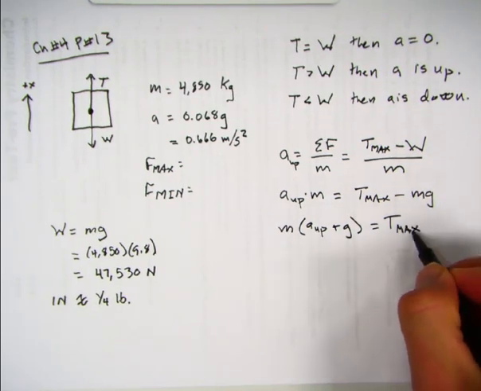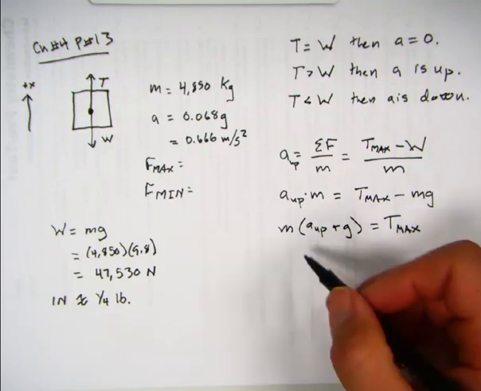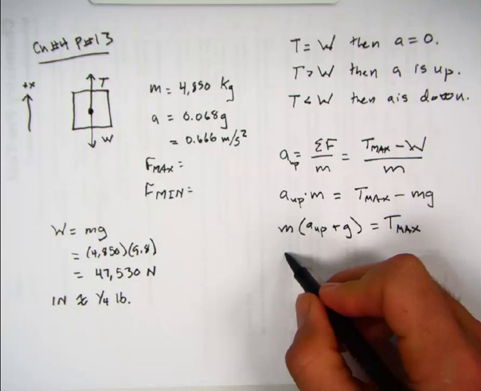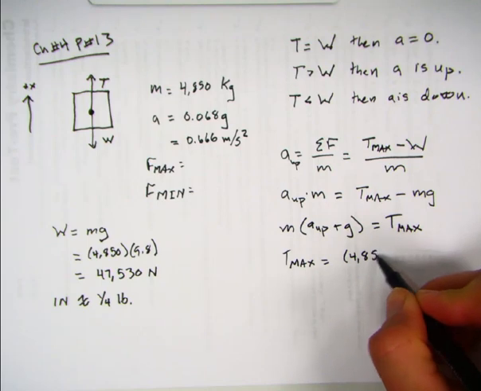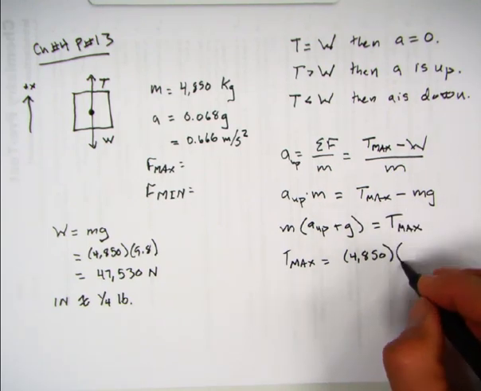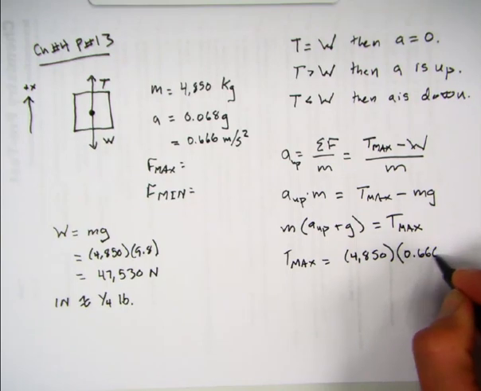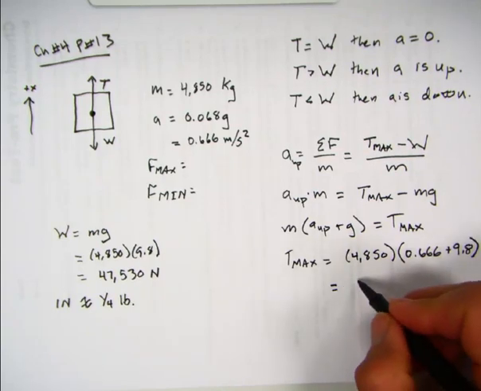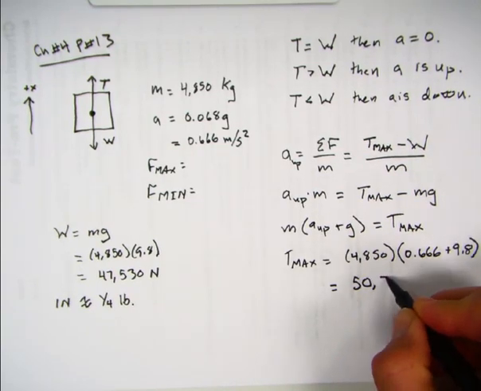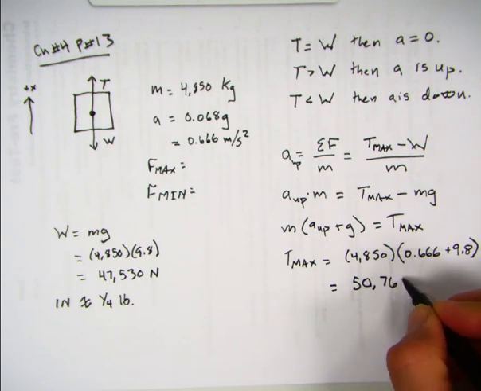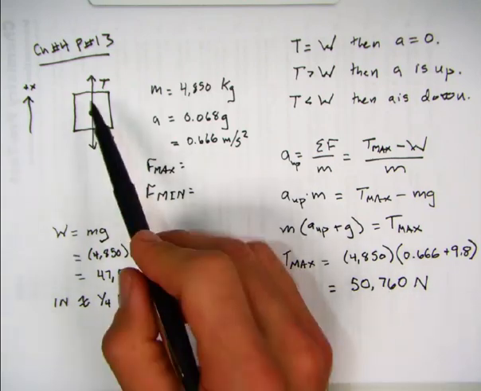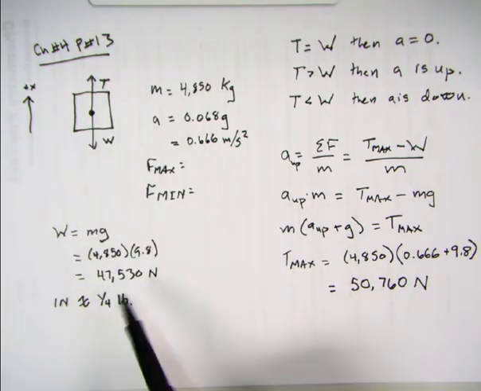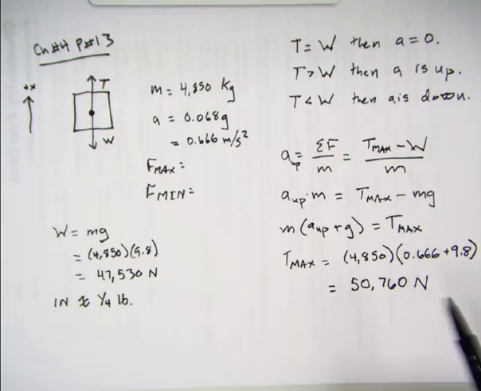If I plug in some numbers, I would get 4,850 is the mass times our maximum upward acceleration, 0.666 plus 9.8, and we would get a maximum force of 50,760 newtons. Notice here that the upward force is greater than the weight, which is 47,000 newtons, and that kind of makes sense. So that's a check.